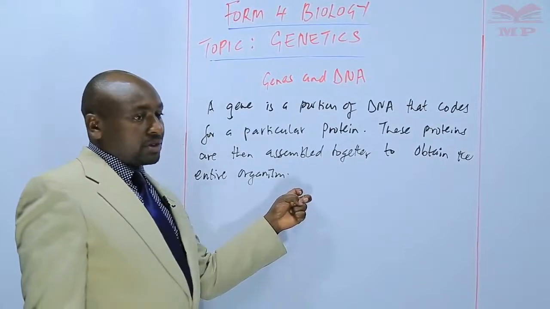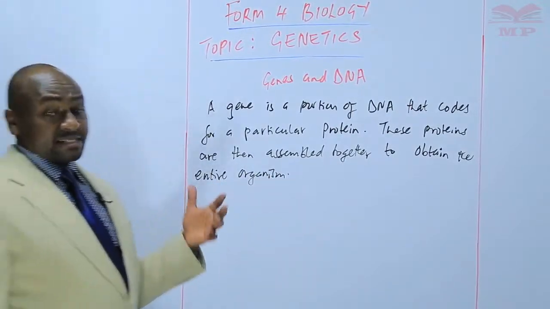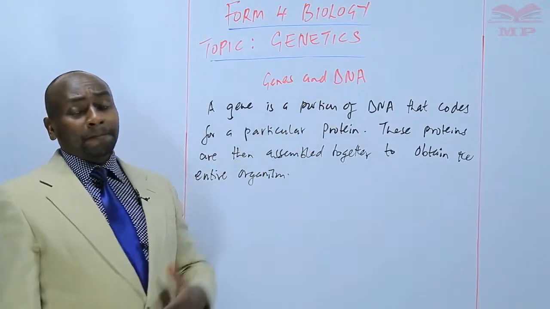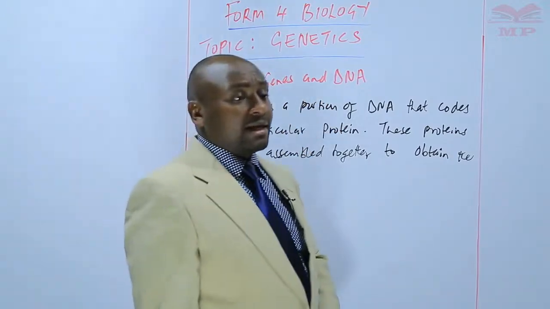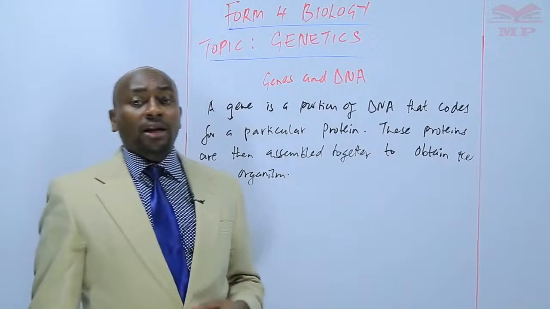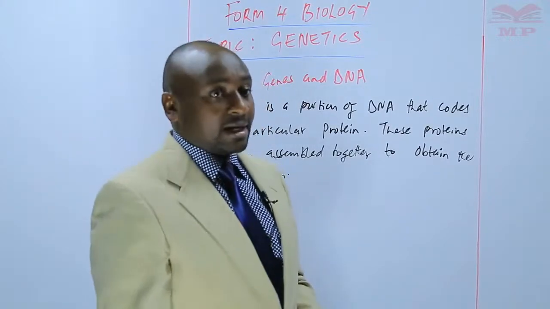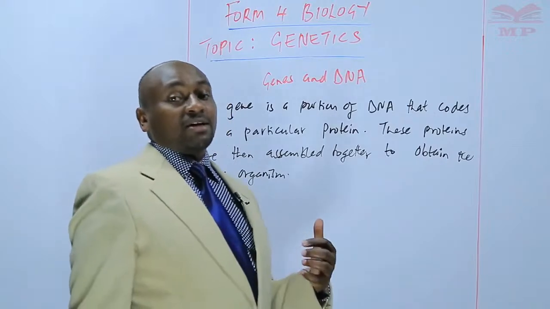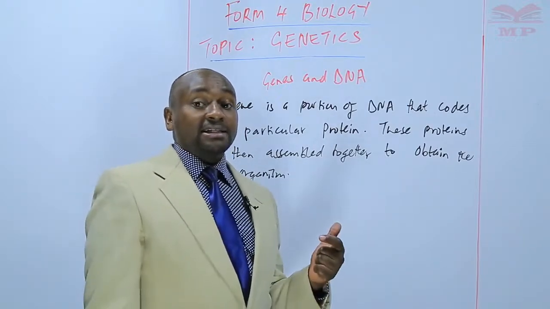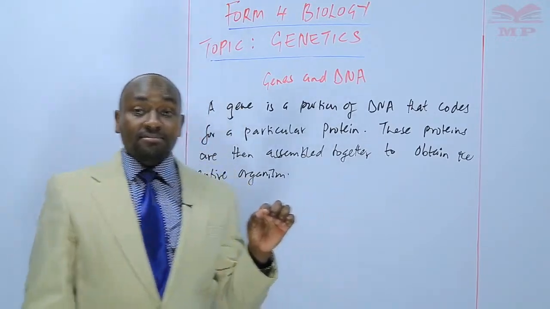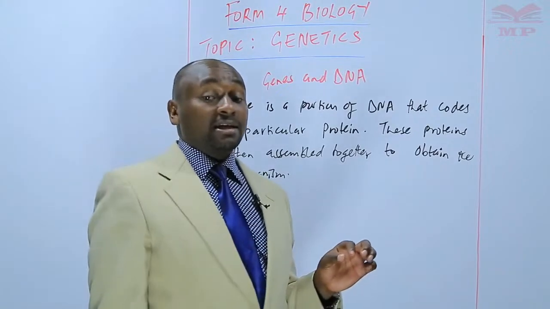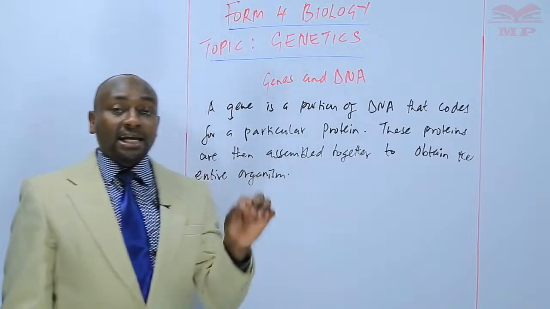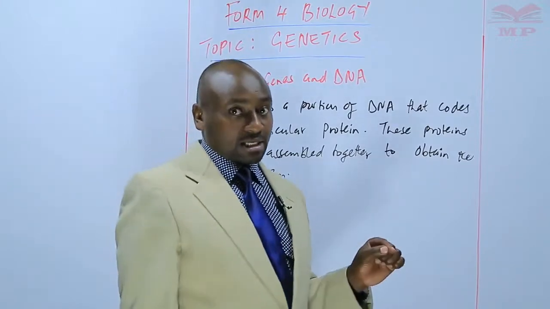Now, previously, there was very little that was known about the DNA until 1953, when two scientists, that is Watson and Crick, determined the structure of the DNA. And they explained that DNA is a double helix structure, or is a double-stranded structure.